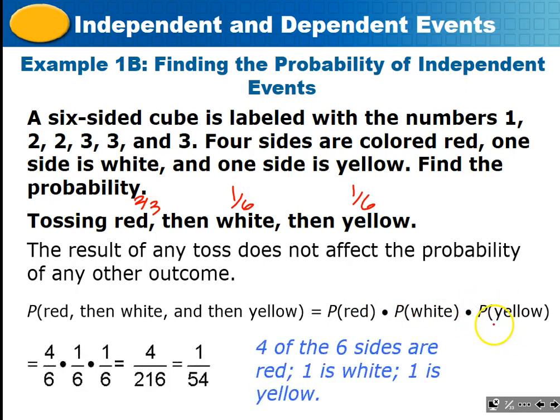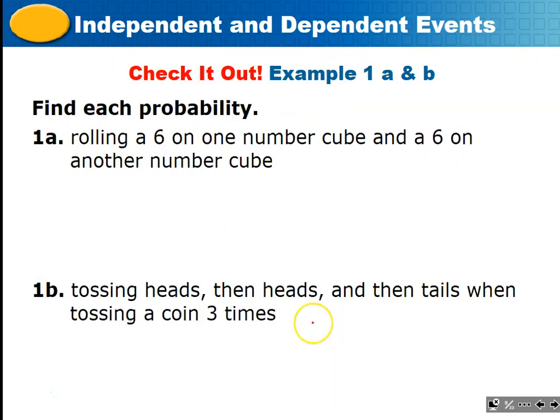That's going to give us 4/6 times 1/6 times 1/6. Now notice I put 2/3 here. It doesn't change the outcome in the end. You can reduce it before or after. So your result is 4/216 if I didn't reduce it, and that would be 1/54. If you did reduce it, it would have been 2/108, and that still reduces to 1/54.